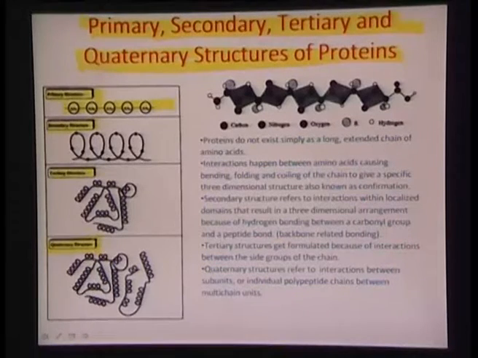Proteins do not really exist simply as a long extended chain of amino acids. It is hardly possible to exist in a natural state as a long chain. One of the reasons is that there are a lot of OH groups, and also a lot of side chain interactions, and there is a tendency of the hydrogen on the NH2 or the OH on the COOH to interact with the solvent it is in.